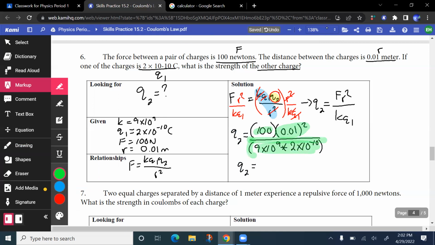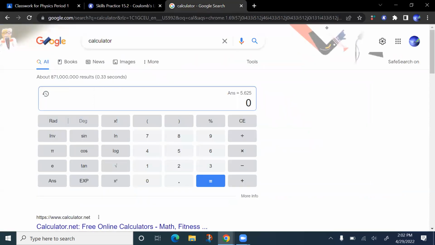So let's go ahead and try that strategy. Let's go to our calculator. I'm going to begin with the squared part first.